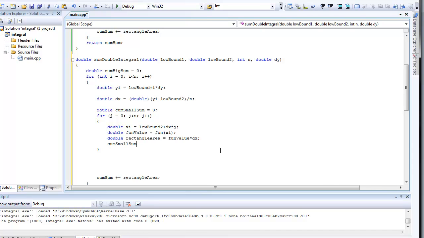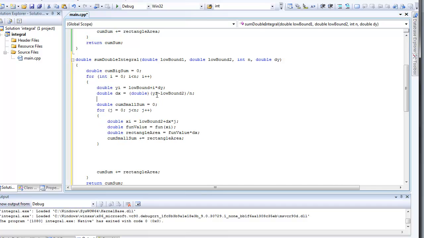Small sum plus equal to rectangle area. Okay, let's clean this up.